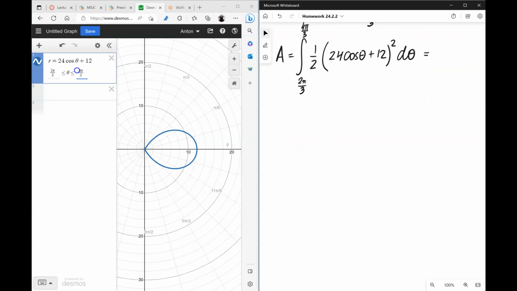So this is our integral, and we're going to simplify a little bit. We're going to take out 12, so it's going to come out as 12 squared. Inside we have 2 cosine theta plus 1.